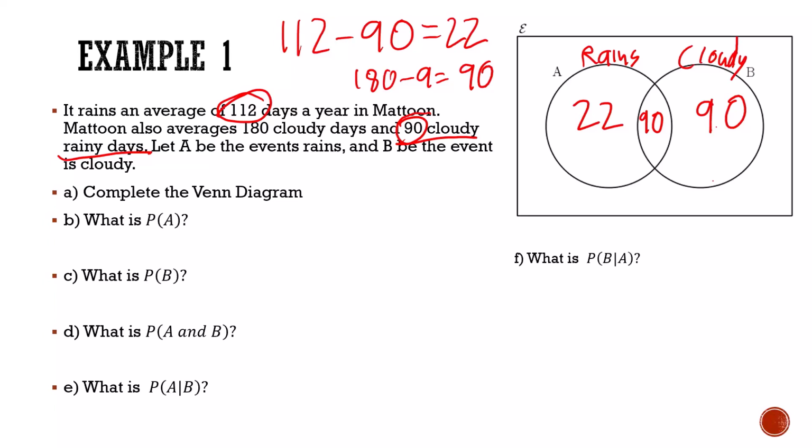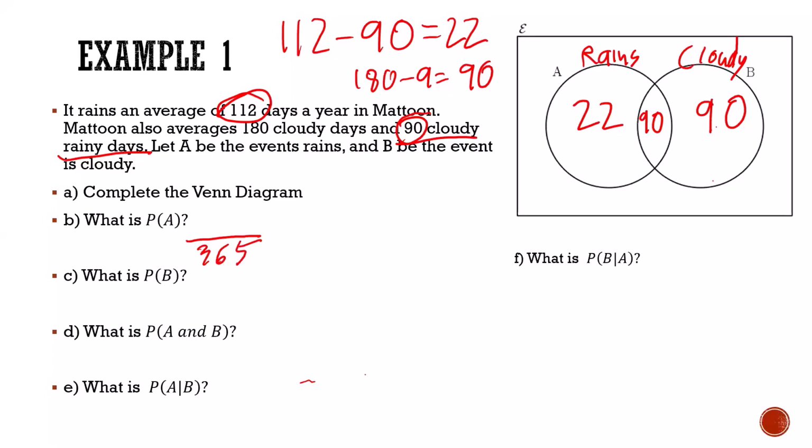What's the probability of A? A is the event that it rains. So we can just look at sample space stuff, right? What is the number of outcomes in the sample space, considering that we're looking at days in a year? 365, let's forget about leap year for the time being, just to keep this simple.